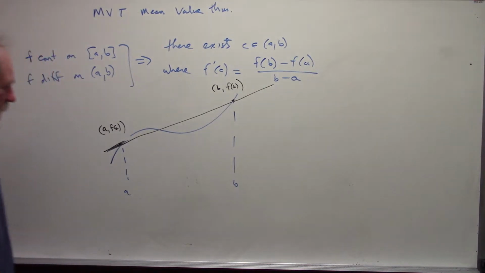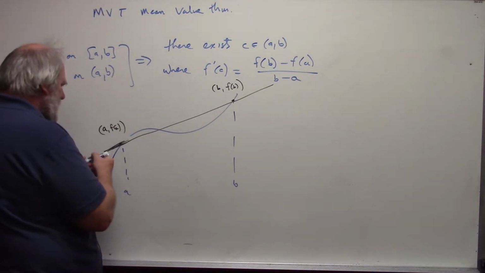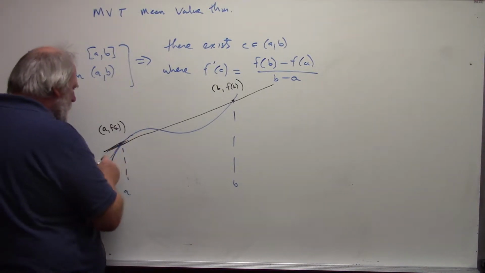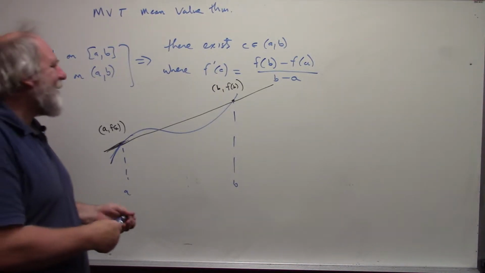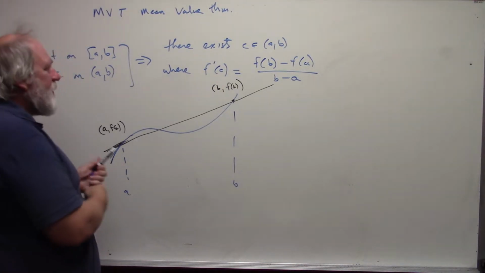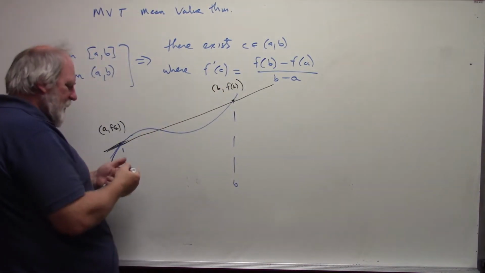And what Rolle's theorem says, what mean value theorem says, is that there exists some point c, at least one, where the derivative at that value is the same as the slope of the secant line, the derivative being the slope of the tangent line.